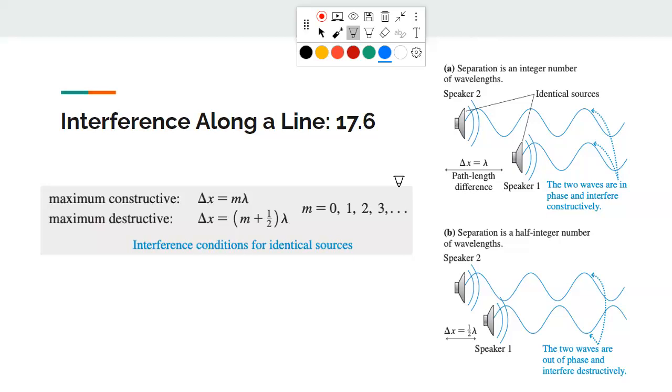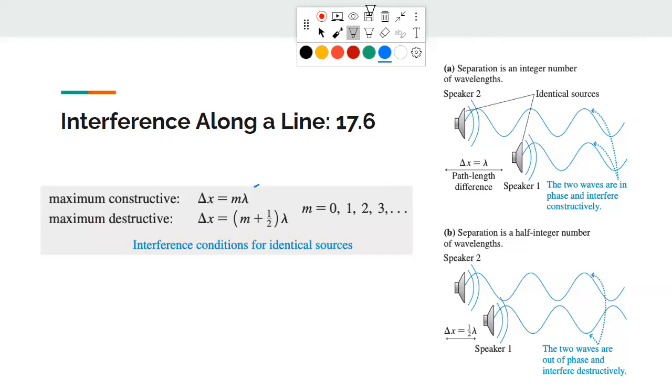Basically the answer is that if the wave has traveled an integer number of wavelengths by the time it gets to the second speaker, then the waves will line up, right? Because one wavelength just tells you that it's cycled back through and is at the same position as where it started. And since these speakers are playing the same sound, if that wave has come back to where it started by the time it gets to the speaker that's farther to the right, then the waves will line up and you'll get constructive interference.